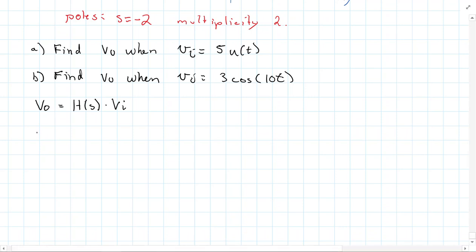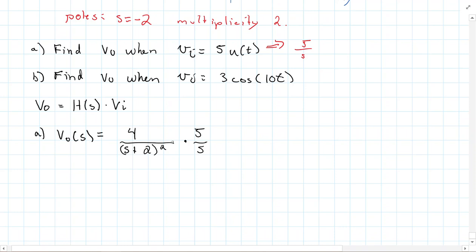So for part A, V out at S would equal 4 over S plus 2 quantity squared times, and then I have to think about what the Laplace transform of 5u of t would be, and that would simply just be 5 over s. And so I just multiply this by 5 over s.